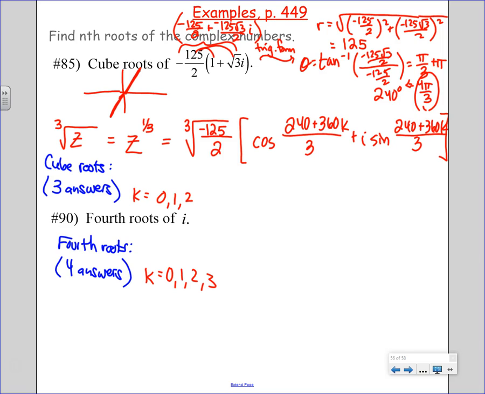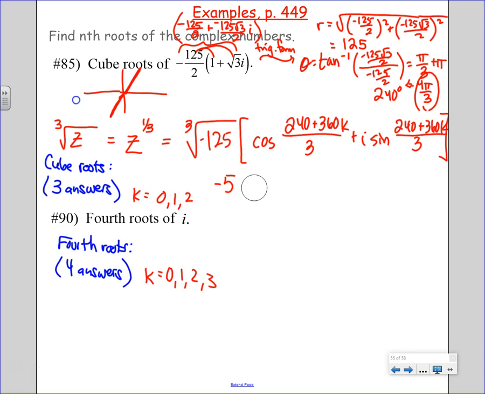And a long story short, the cubed root of it. I found my r to be different than I thought at the very beginning. I would end up with -5 cosine of 240 over 3 is 80, and 80 plus 120, so there's going to be 80 degrees.